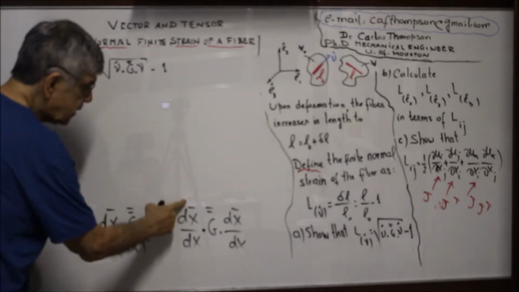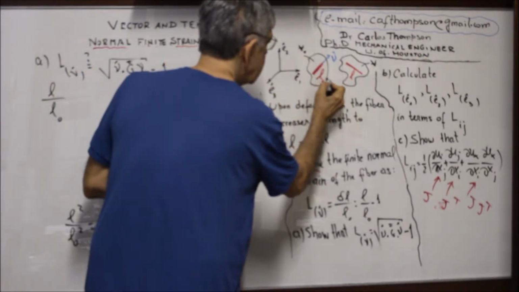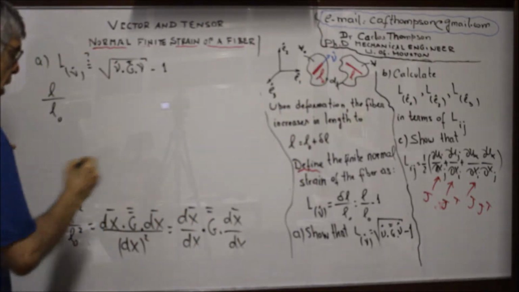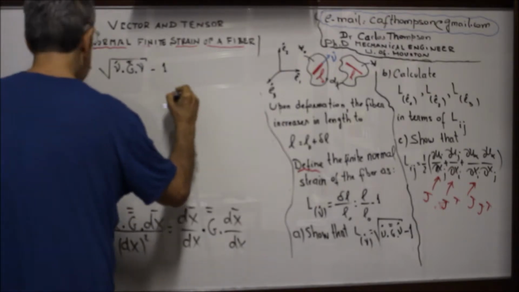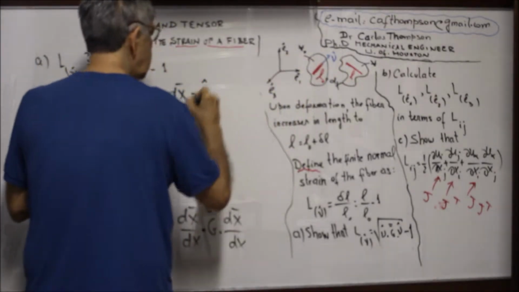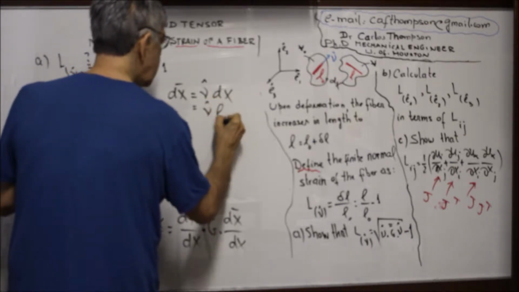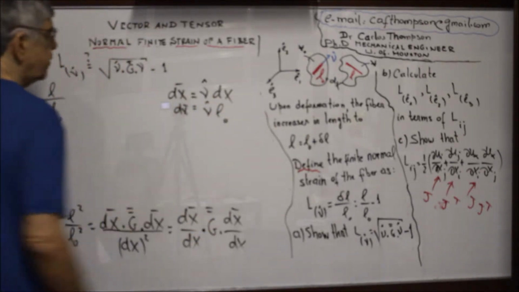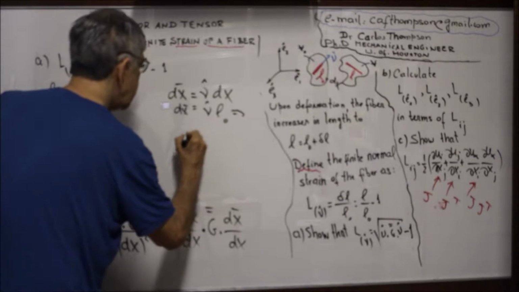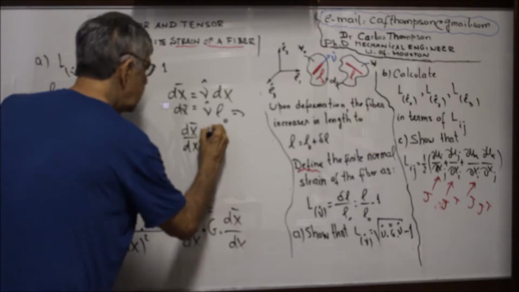Now, you see the vector dX right here. This is the magnitude, but the vector dX I write over here. dX is equal to the unit vector nu times L0. You see, this is a vector dX. Now, dX divided by its magnitude is equal to the unit vector.